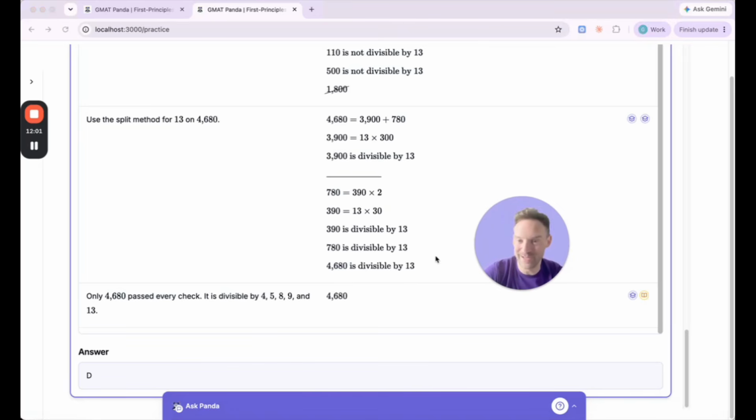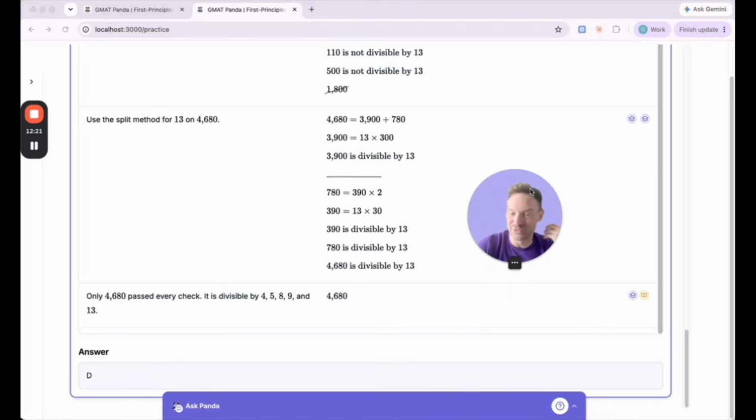So hopefully this was helpful. Obviously this comes with practice, right? It's not just about learning these rules, but it's also being able to apply them very quickly. And so if you go into the GMAT Panda app, you can practice a lot of these rules and add them to review list, and just constantly drill on that particular set of methodologies until you really get them instantly, right?